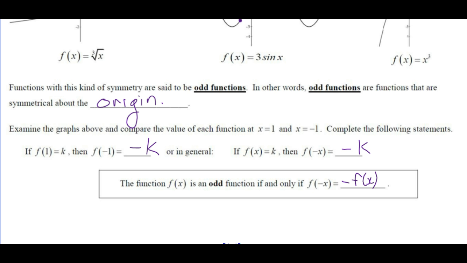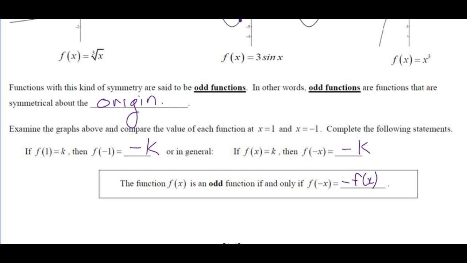I like to think of it as, if I reflect it across the y-axis, it's got to go down, right? It's got to be also reflected across the x. And that's how I look at this and say, if it's a reflection about y, then the y value has to be negative, so it has to be also reflected about x, negative f of x.